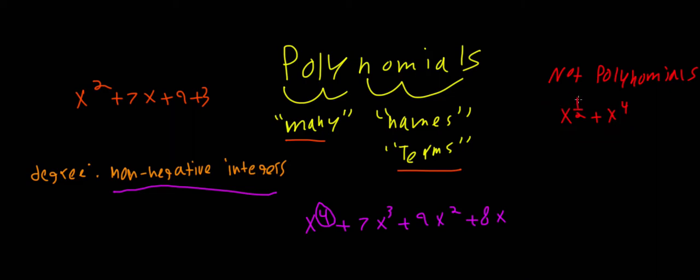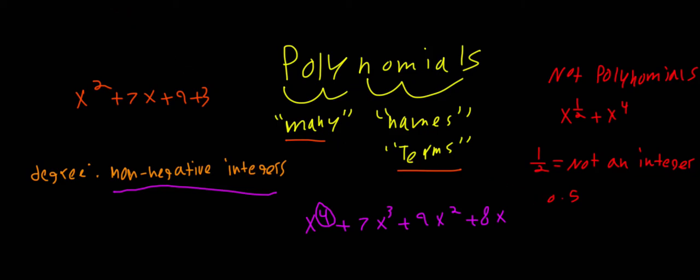That's because of this degree right here, which is 1/2, and the value of 1/2 is positive, so it meets the first requirement, which is non-negative, but it is not an integer. 1/2 is a fraction, or you can view it as a decimal of 0.5.